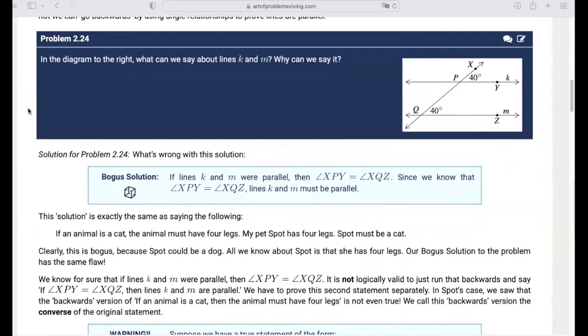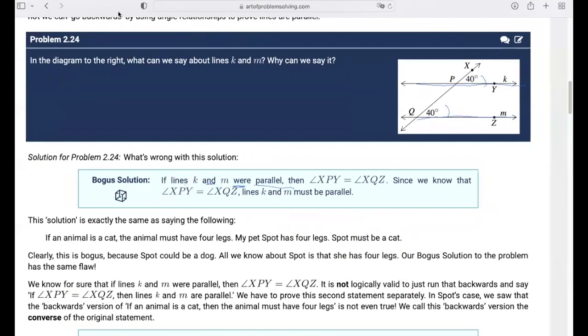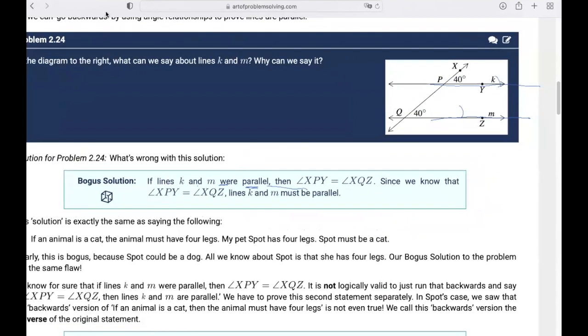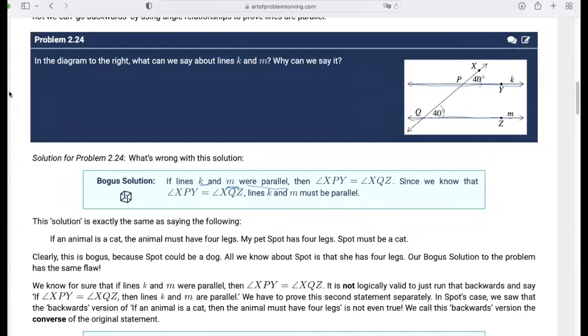If lines K and M were parallel, then you know that angle PQZ must be equal to angle ZPY. But the opposite might not be true.